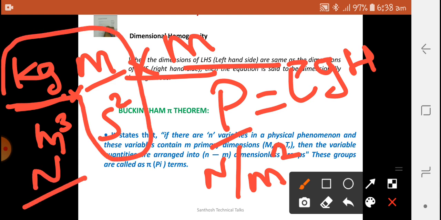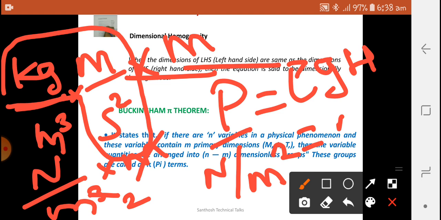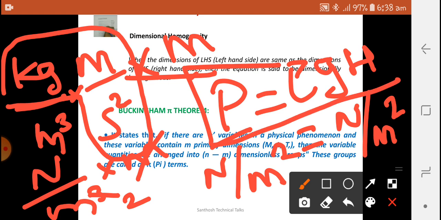So Newton per meter cube into meter is the unit. Here we just cancel these terms, therefore Newton per meter square is equal to Newton per meter square. So I can say this equation is valid since it has dimensional homogeneity. This is our interest about dimensional homogeneity.